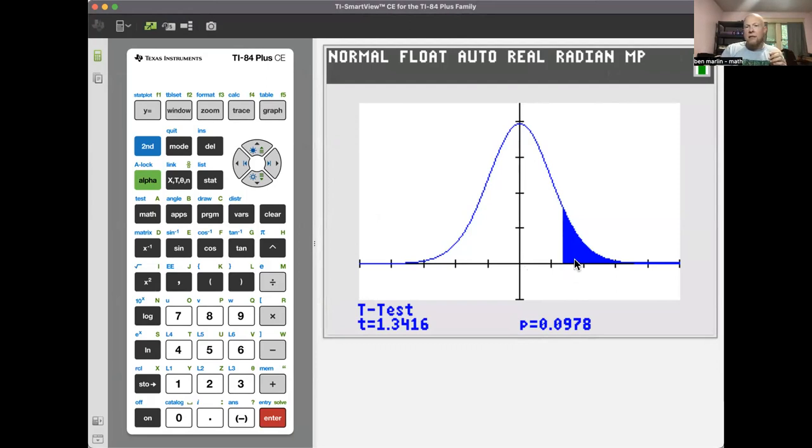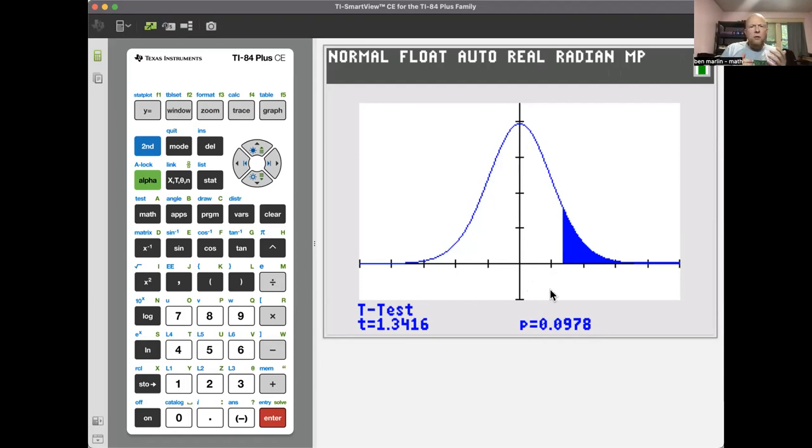Then this area is showing us the probability that we would get that sample mean and sample standard deviation, given that we had that mu in the middle.